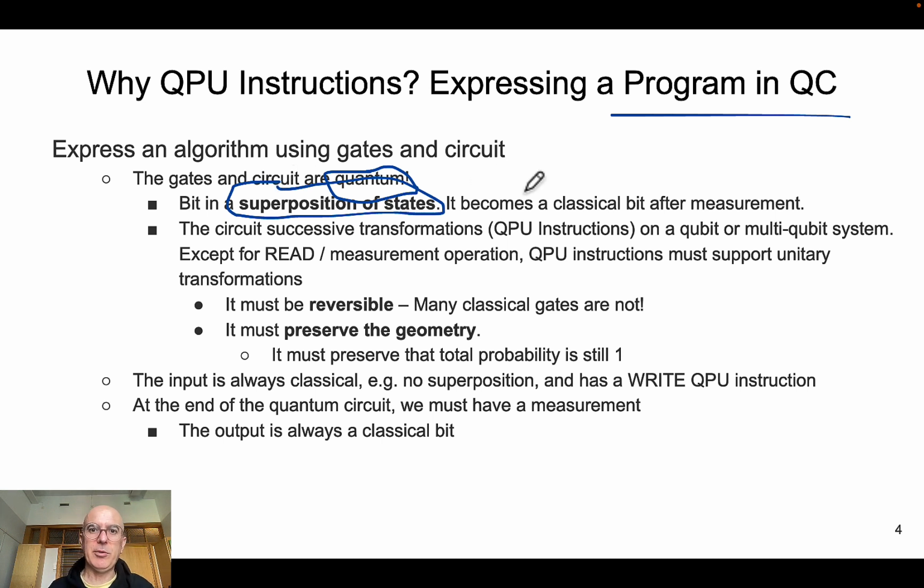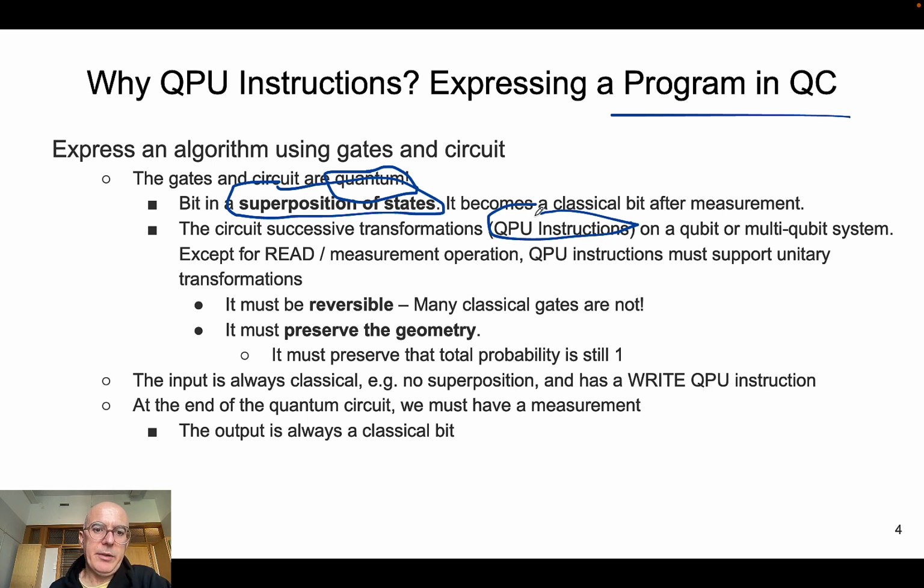Before the measurement, our bit can be in a superposition, so we can measure either 0 or 1 according to a certain probability. The circuit we use for expressing the algorithm is just a formulation of successive transformations, also called QPU instructions, on a qubit system or on a multi-qubit system.